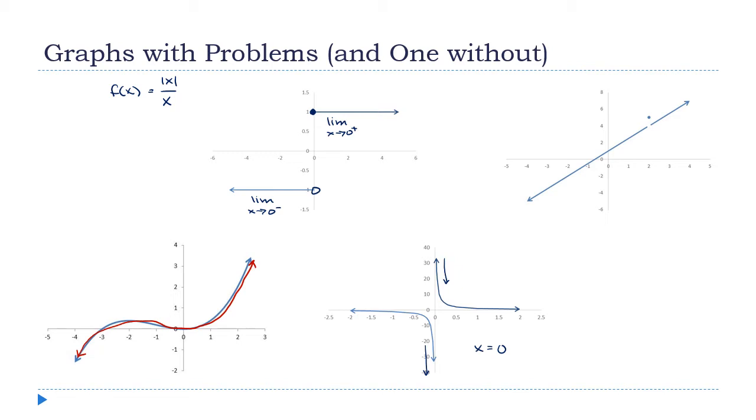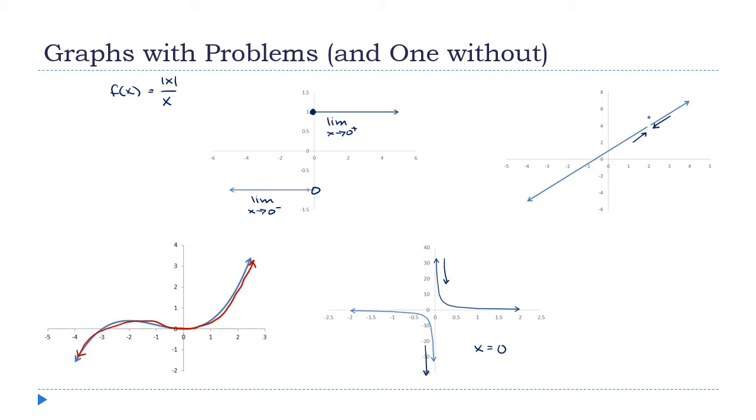From the left-hand side and the right-hand side, the function is coming in to that same point, but the limit at x equals 2 and the function value at x equals 2 don't match up, right? That's also something we're going to have to consider in our definition.